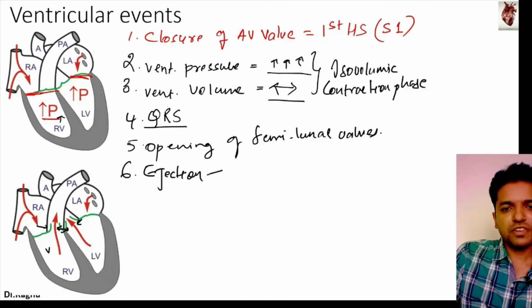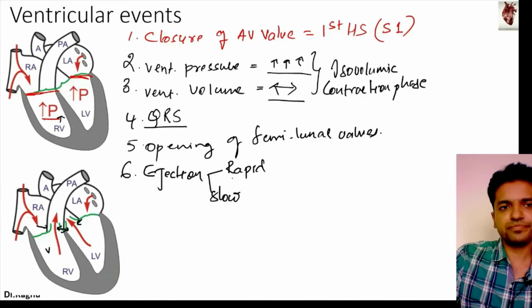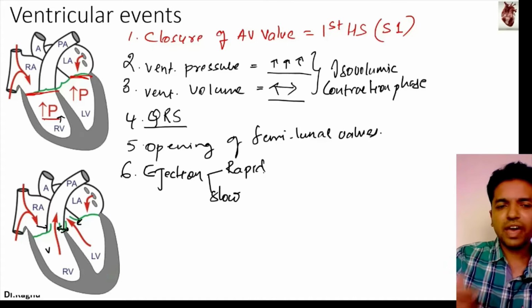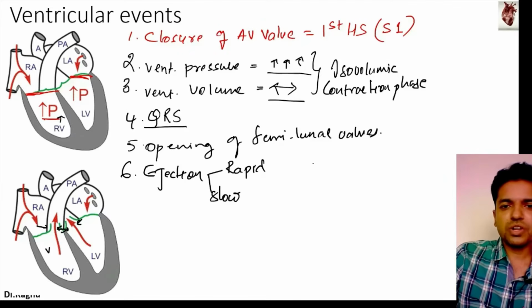This phase of ejection is divided into two parts. One is called rapid ejection, another is called slow ejection. Rapid ejection means as soon as the semilunar valves have opened, the blood from the ventricles rapidly enters into the big vessels. So what is going to happen here? The ventricular pressure is going to increase because the ventricles are contracting.